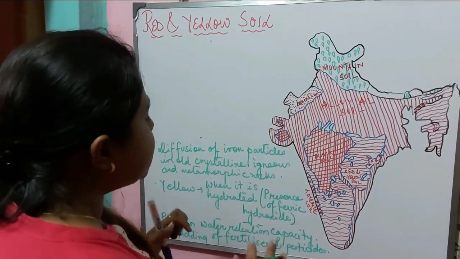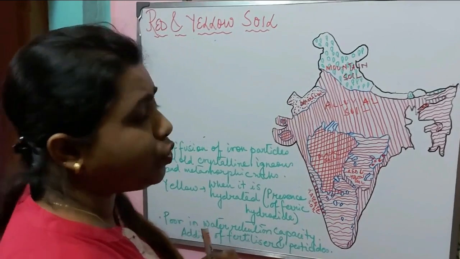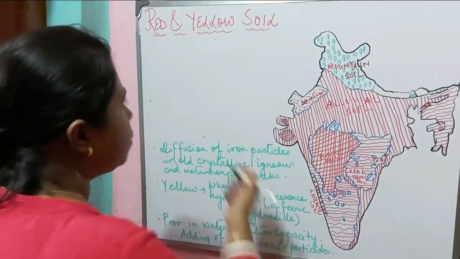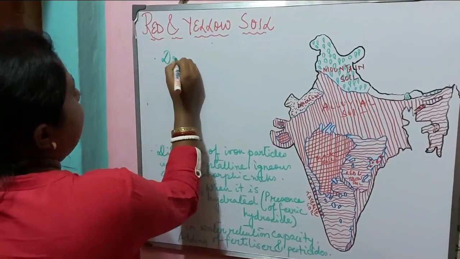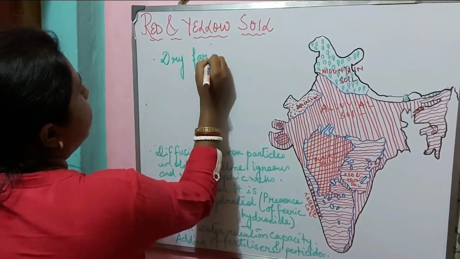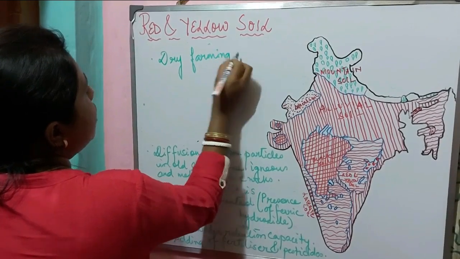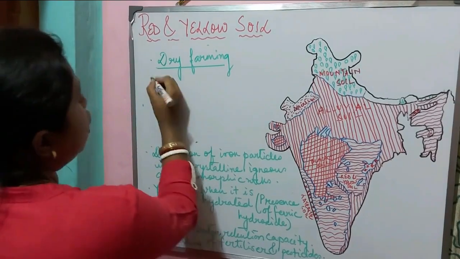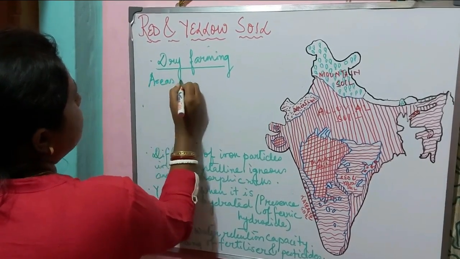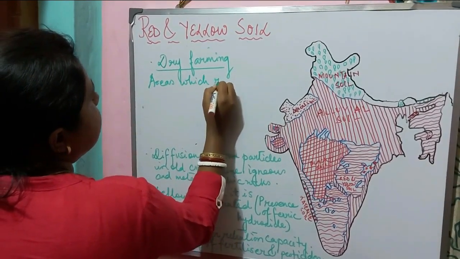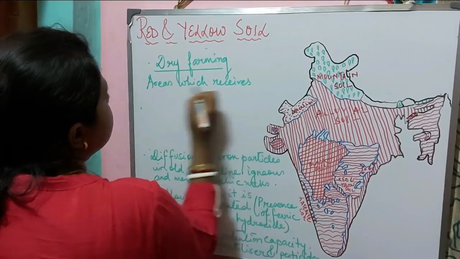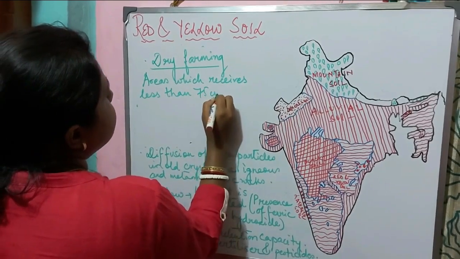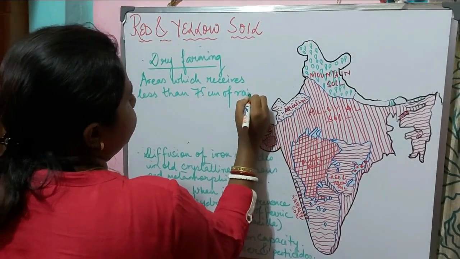Then, as this soil can be found in areas where the amount of rainfall is very less, how can we utilize this land for cultivation? We can utilize this land for dry farming. Now, what is dry farming? Dry farming means a type of farming which is mainly practiced in those areas which receive less than 75 centimeter of rainfall.